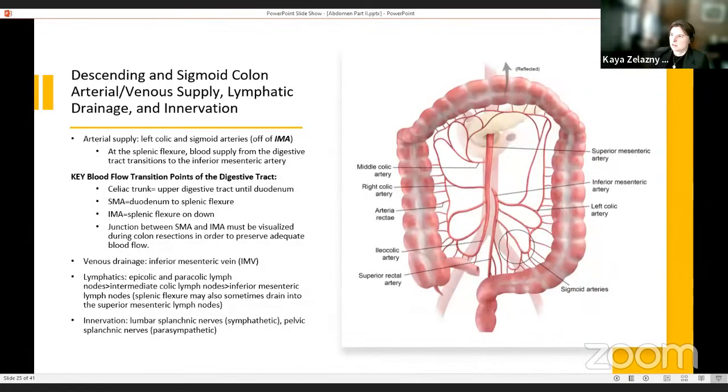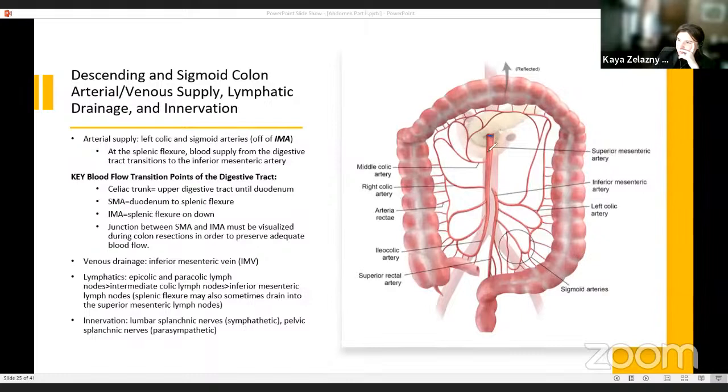Okay. So we're going to look at the arterial and venous blood flow for that descending and sigmoid colon kind of together, as well as the lymphatic drainage and the innervation, which is why it wasn't on the slide for the descending colon separately. Cool. All right. So we are now moving down from before, when we had our superior mesenteric artery, right?